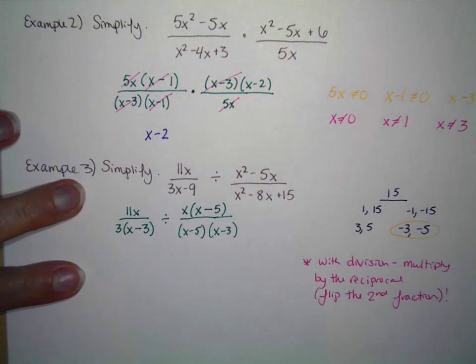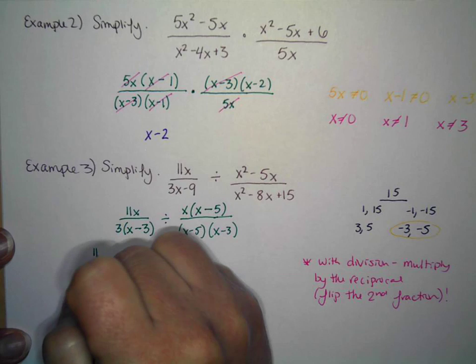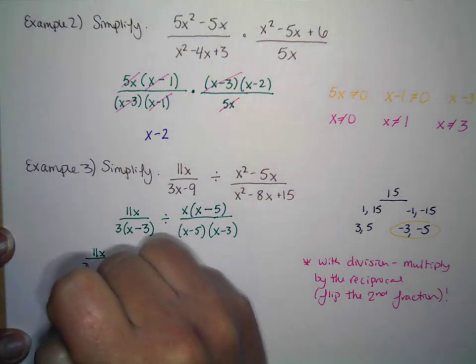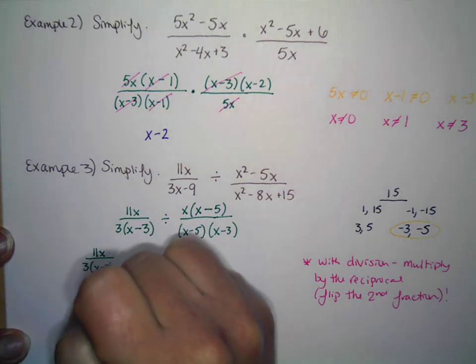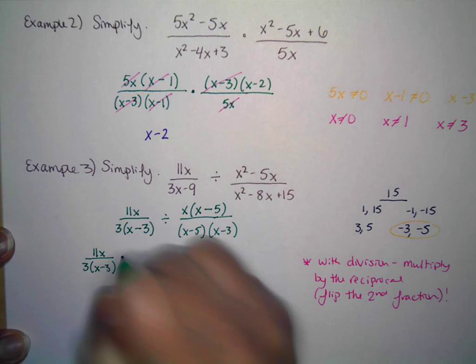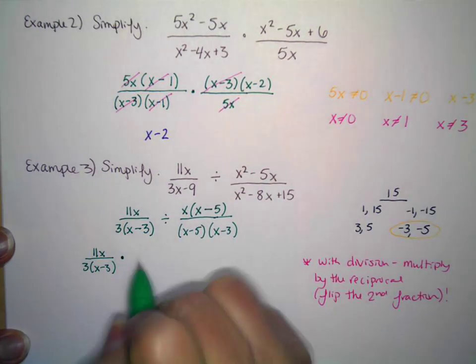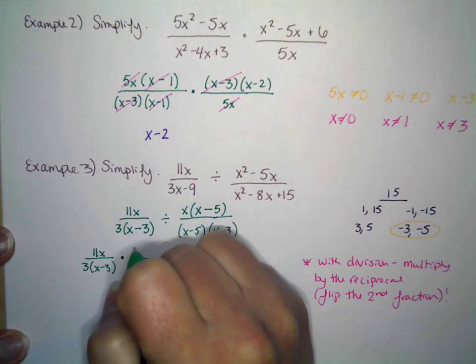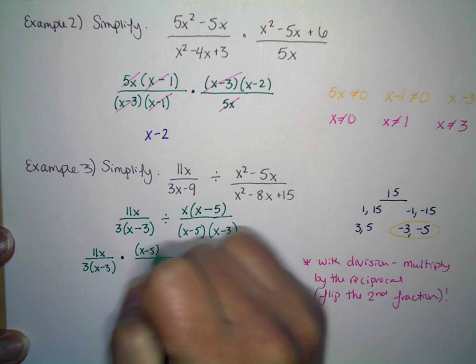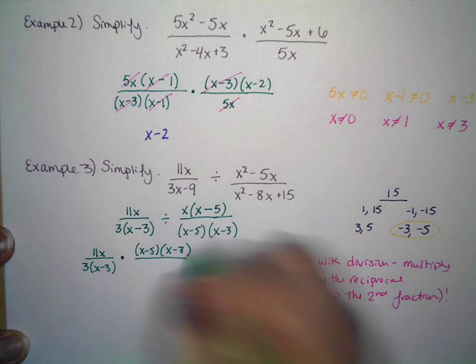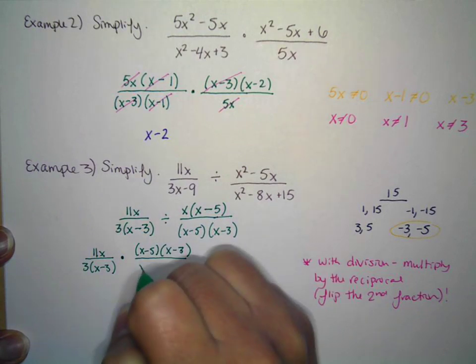Keeping my first fraction the same, 11x over 3 times x minus 3. And now I'm going to multiply by the reciprocal. So when I flip that second fraction, now I have x minus 5 times x minus 3 over x times x minus 5.